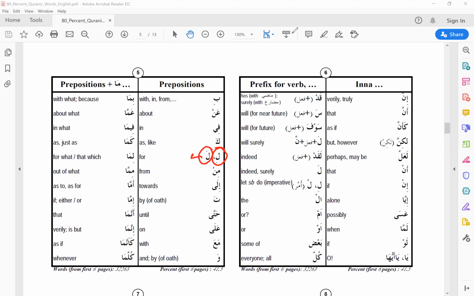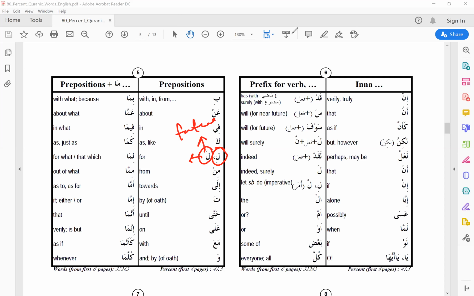La, because sometimes la can also mean not only for, but la'akulan, about something that you will do in the future. So this is a determination that I will do such and such in the future. All right.